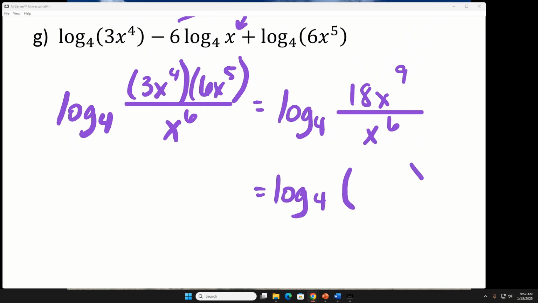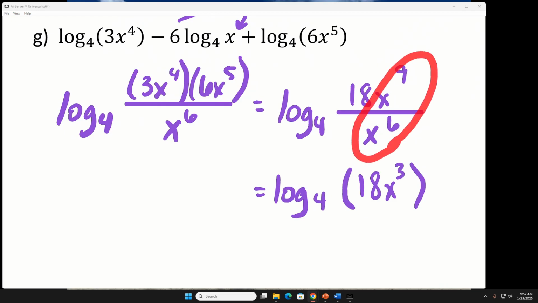So what should my final argument be? Very good. So these two, you would subtract those exponents, and you'd end up with 18x to the 3rd. So there's a couple extra steps on that one. So for your response, I would expect there maybe to be a couple extra steps, but not necessarily.